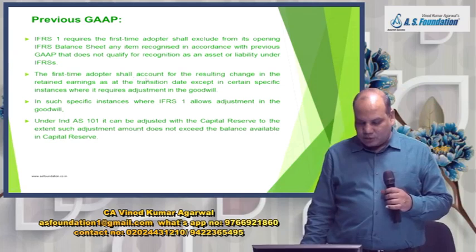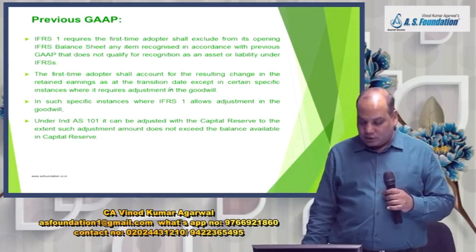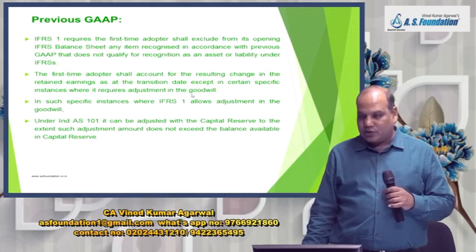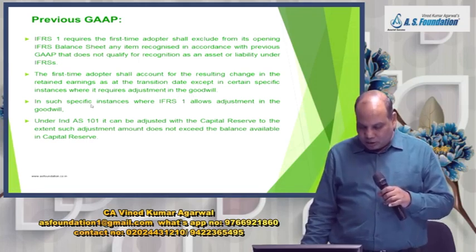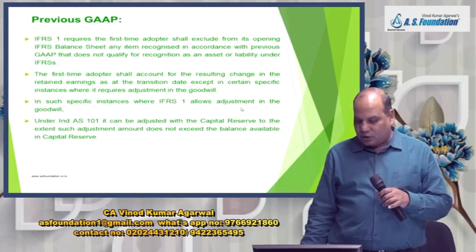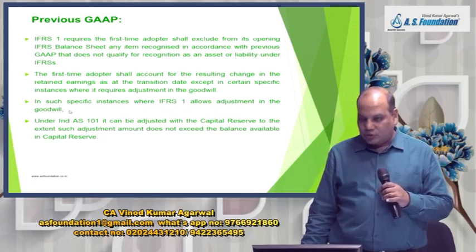The first time adopter shall account for the resulting change in the retained earning at the transition date except in certain specific instances where it requires adjustment in the goodwill. In such instances, IFRS 1 allows adjustment in the goodwill.